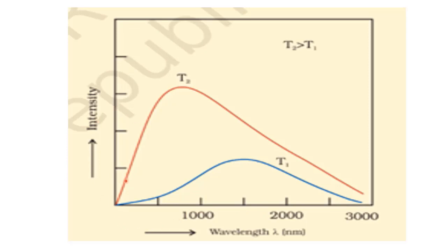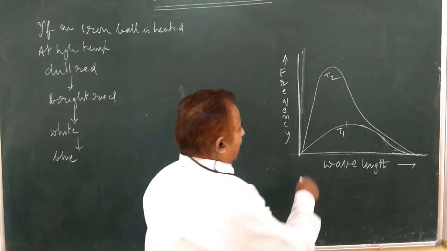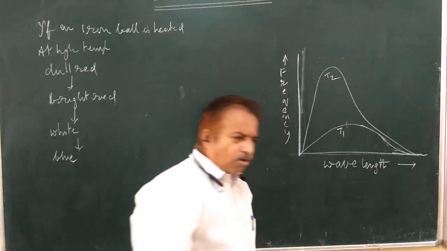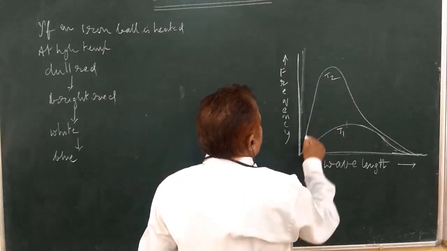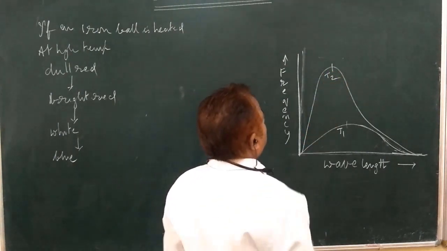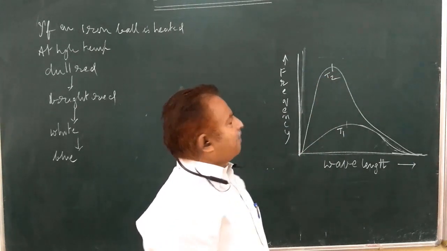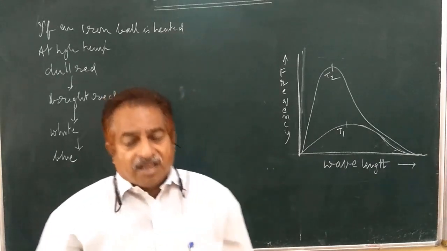If the temperature increases, the maximum of the curve shifts to shorter wavelength. At a still higher temperature, as the wavelength increases, intensity increases. So, as the temperature goes on increasing, the intensity of the radiation increases. Here, the maximum reaches a greater value at a higher temperature, which means the intensity of the radiation will be higher.